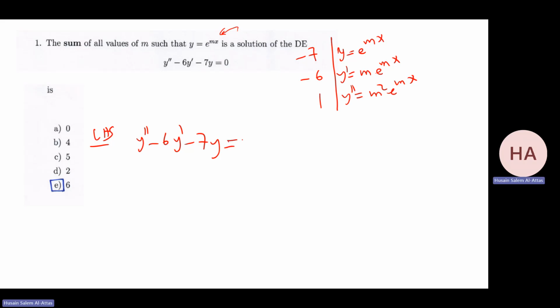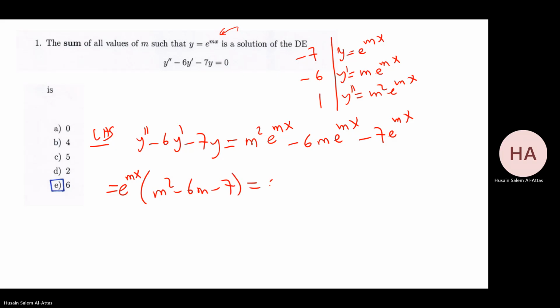That will give me m square minus 6m minus 7 times e to the power mx. I can take e to the power mx as a common factor. The remaining is this. I know e to the power mx is not equal to 0. So that means m squared minus 6m minus 7 equal to 0.